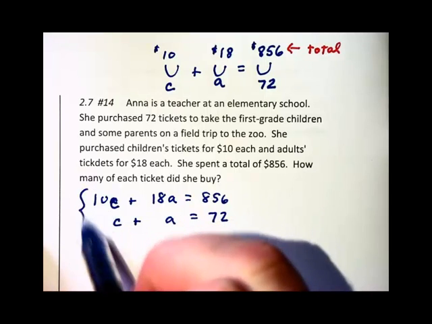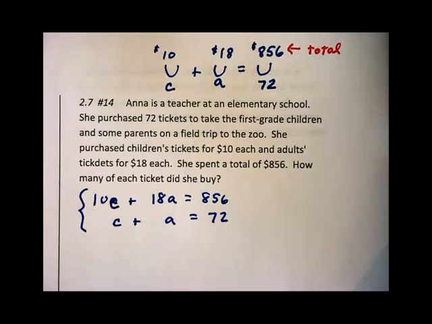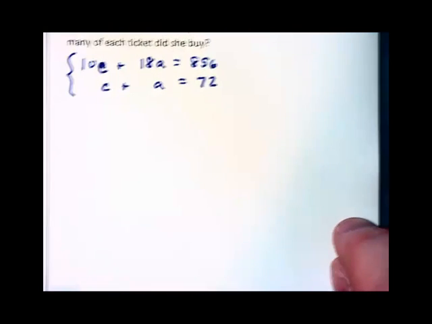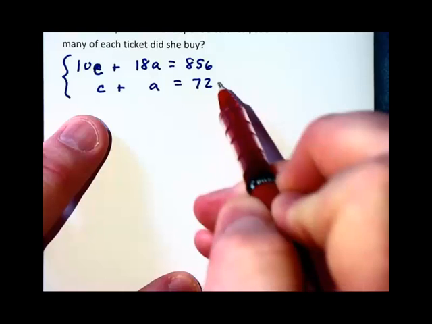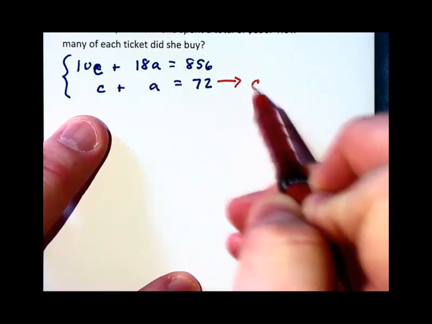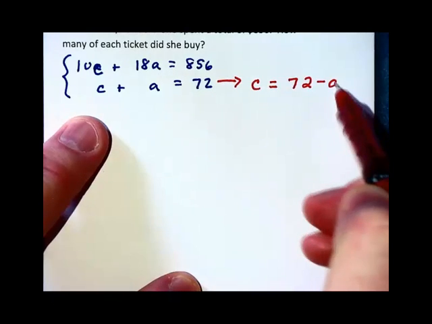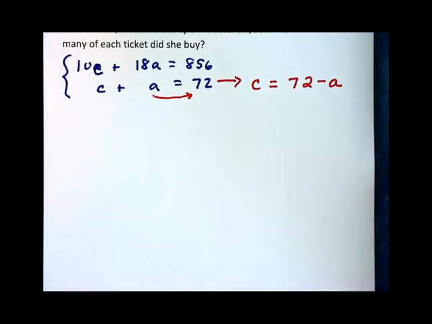So now we have two equations with two variables. This is known as a system of equations, which we're going to solve. Now what I'm going to do is use something called the substitution method. I'm going to take this second equation and rewrite it as C equals 72 minus A. That's what I get when I subtract off the A on each side.